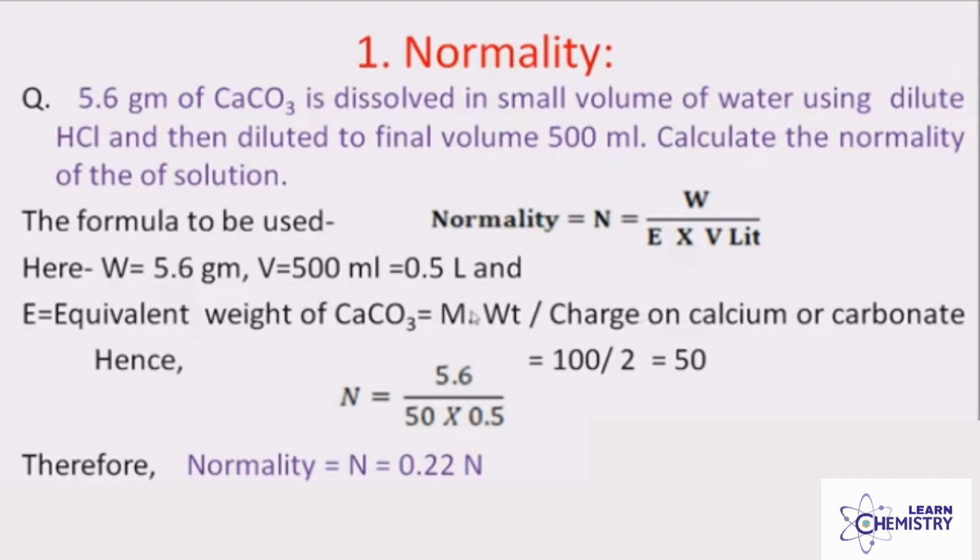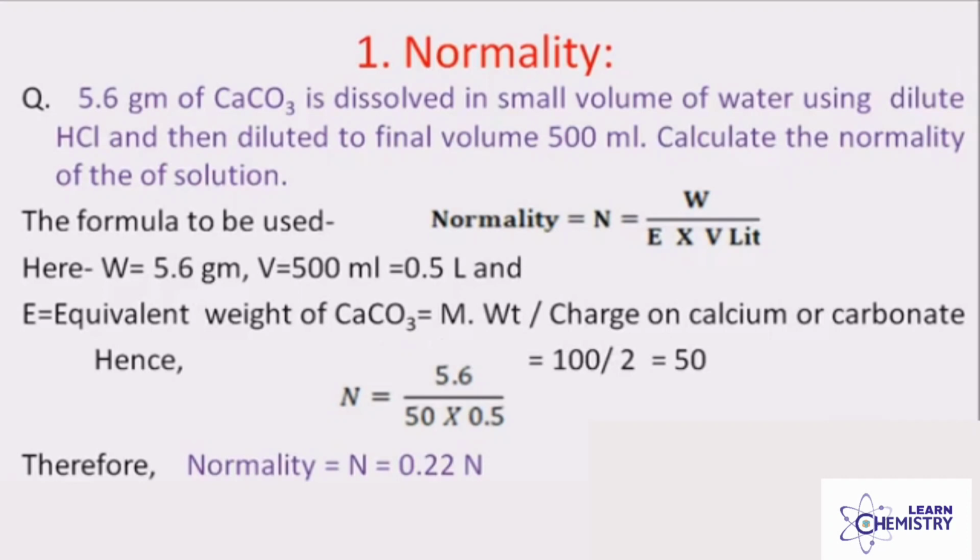Therefore, molecular weight of calcium carbonate is 100 divided by 2 because the charge on calcium or carbonate is 2, and therefore the answer is 50. Equivalent weight of calcium carbonate is 50.